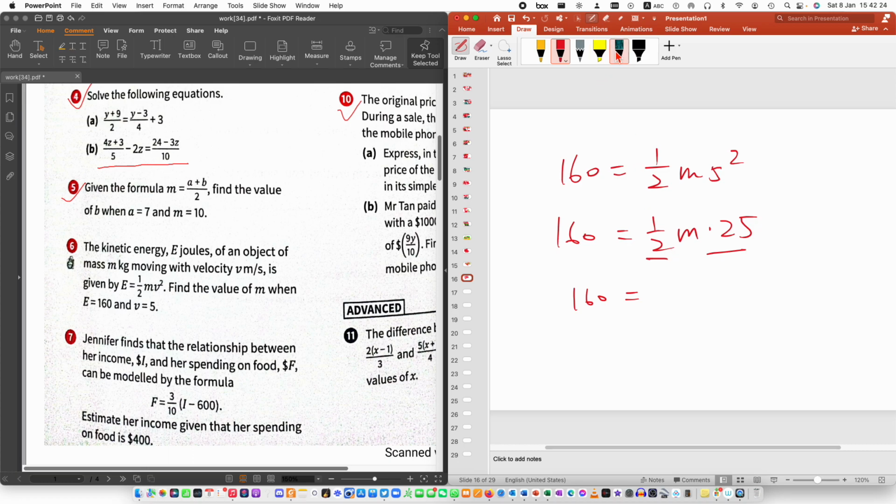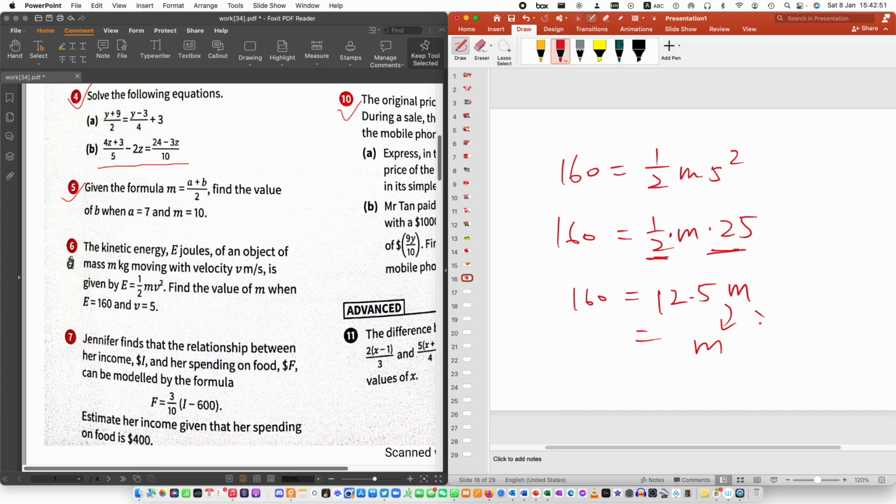So half times 25 is, you can do this first. Can you see that half and 25 you can combine, right? So half times 25 is, use your calculator. You can give me a decimal number. 12.5. How do you get m?